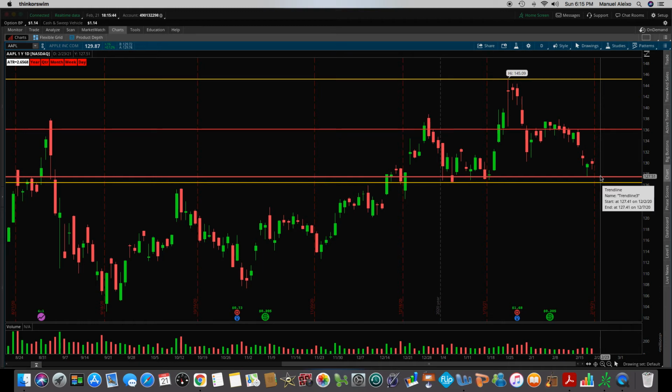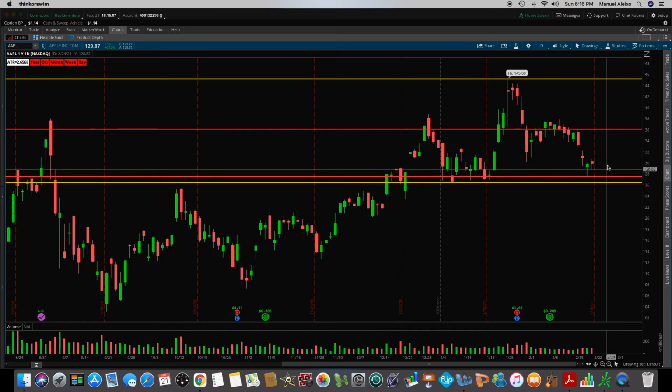It becomes resistance. So what I like to do is see if it does break this area and stays in between the monthly low, last month's low, which is 126.38, and the 127.41. If Apple breaks back above 127.41, I will take this trade. Okay?